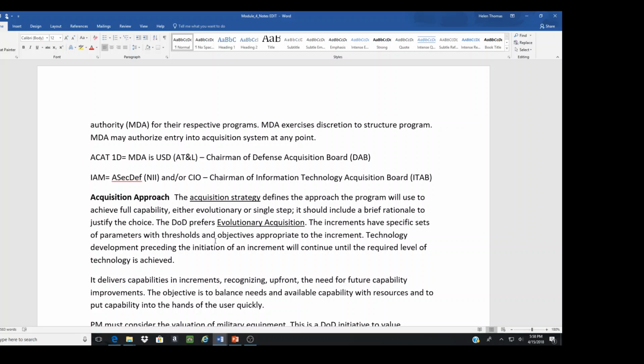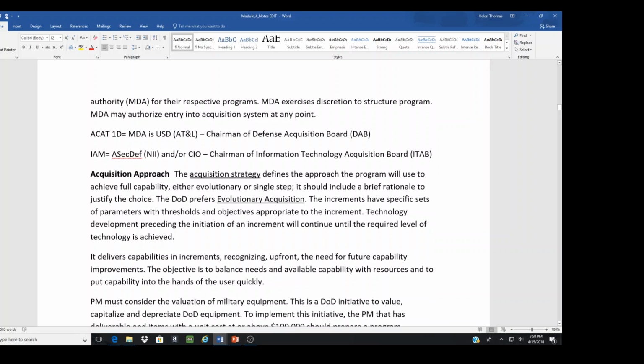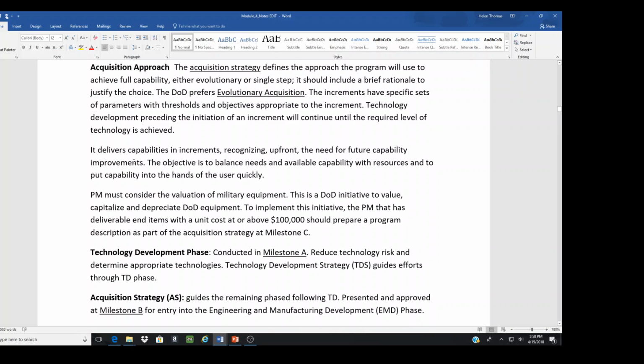And if you can't fill that capability gap with your development, at some point you need to be able to cancel that project. So evolutionary acquisition is the preferred method. It delivers capabilities in increments, recognizing up front the need for future capability. We can't wait until we need a new weapon system to start developing it. So these things have to evolve as time goes.